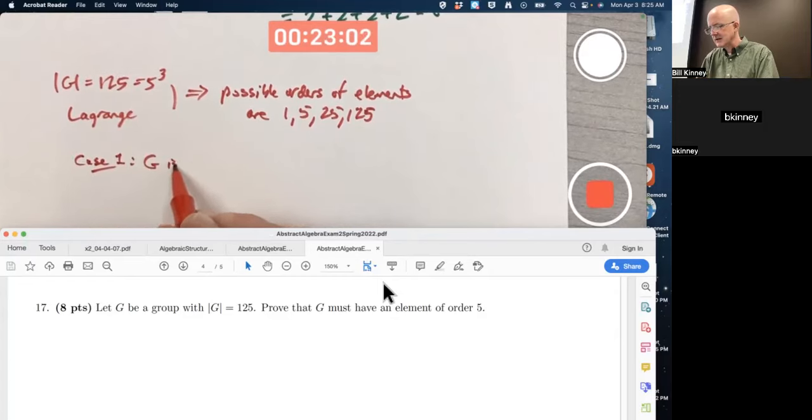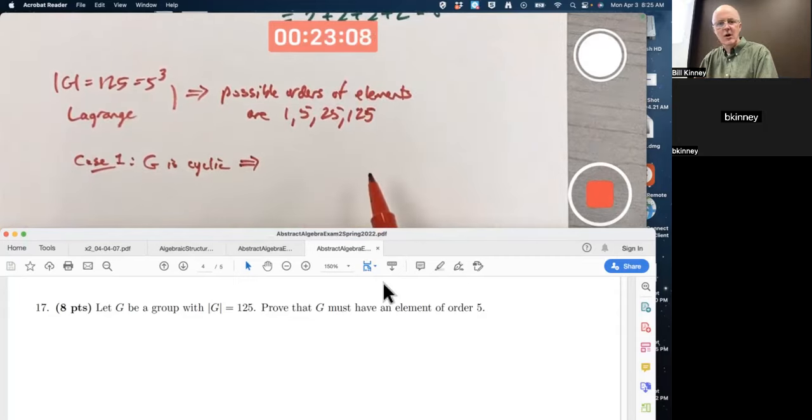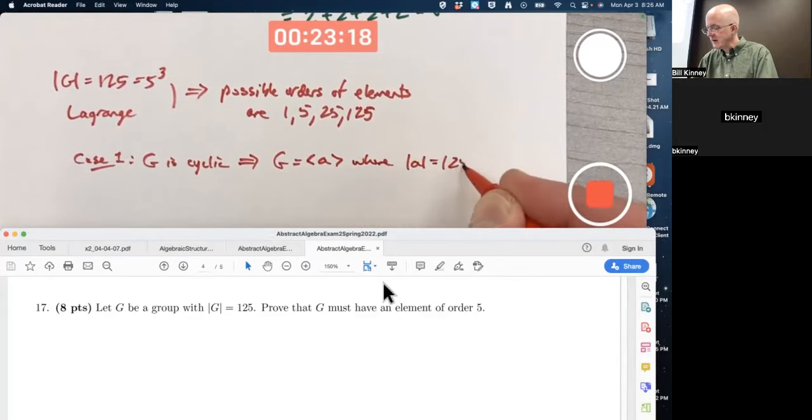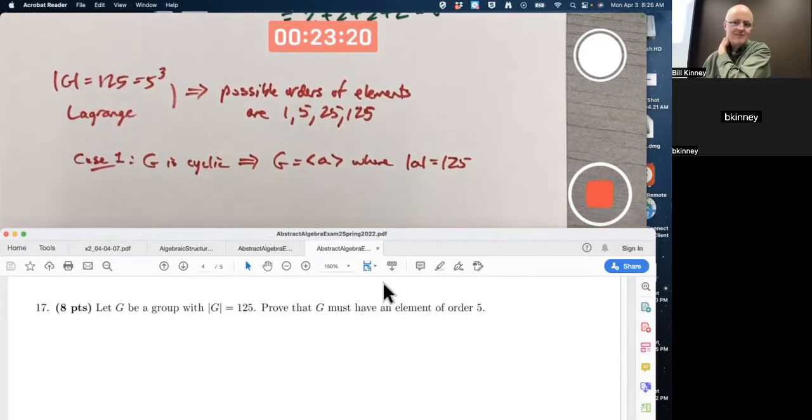G is cyclic. So that means G is generated by something where that element has order 125, right? Well, actually, you wouldn't even need to mention that.